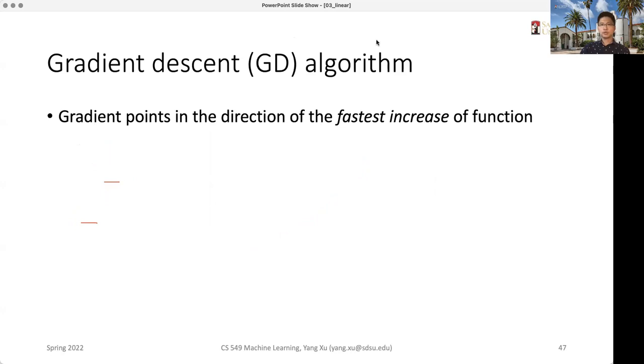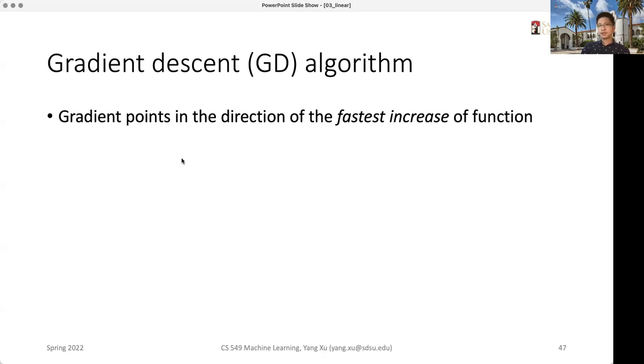Okay, so I will finish this slide and then let's end the class today. So the gradient descent algorithm basically utilizes the fact that the gradient is a vector, right? And this vector always points in the direction of the fastest increase of the function.